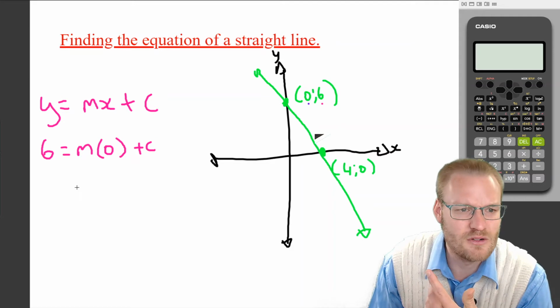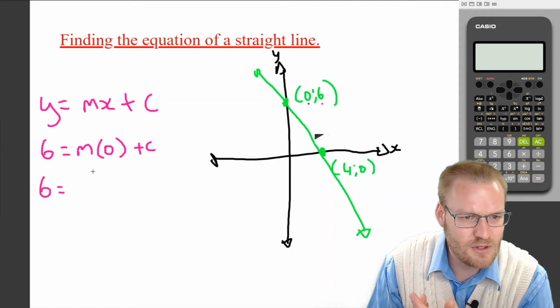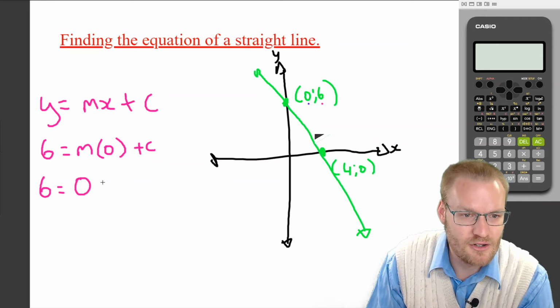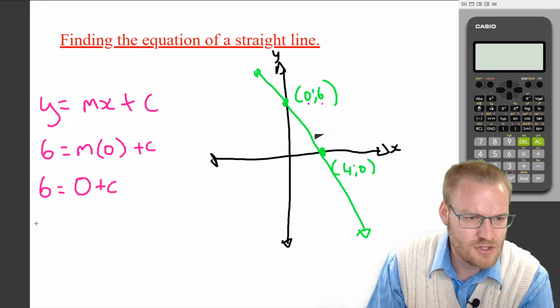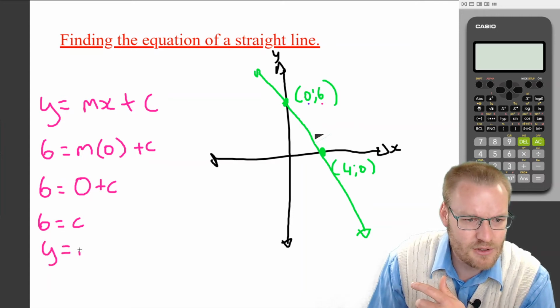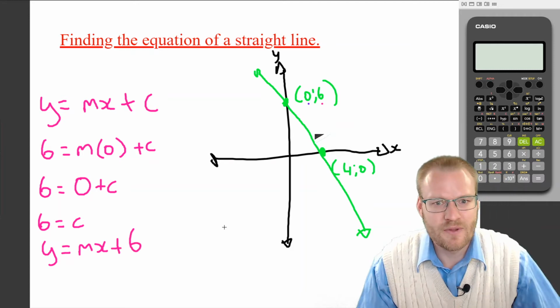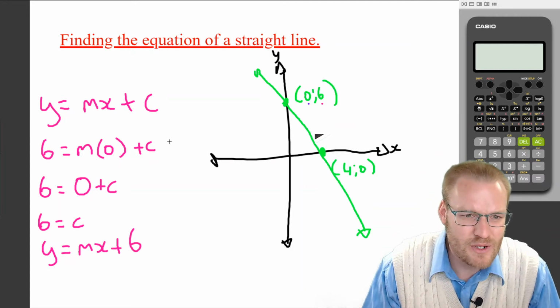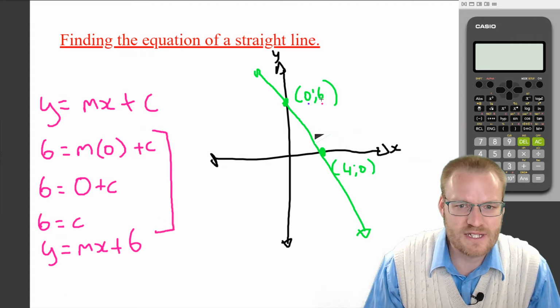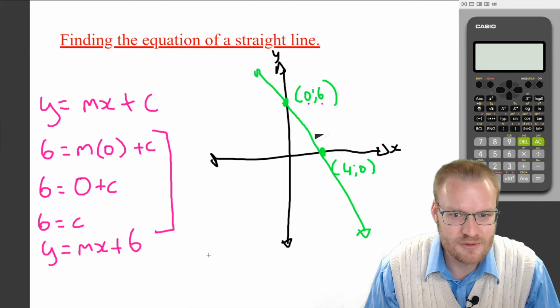So 6 equals 0 times m. What's 0 times anything? 0, plus c. So in other words, our c value is 6. So we know y equals mx, well, we can fill in this bit, plus 6. And if we're given the y-intercept, we don't even have to show this working. We can just say c equals 6, because we can read it off our graph.